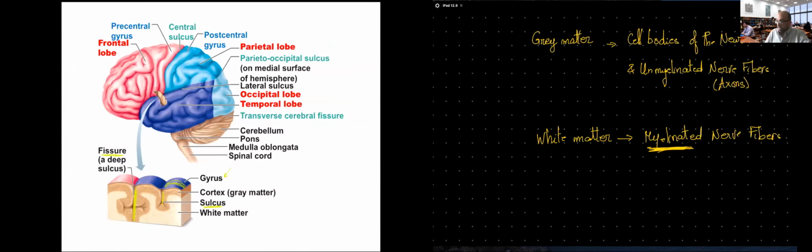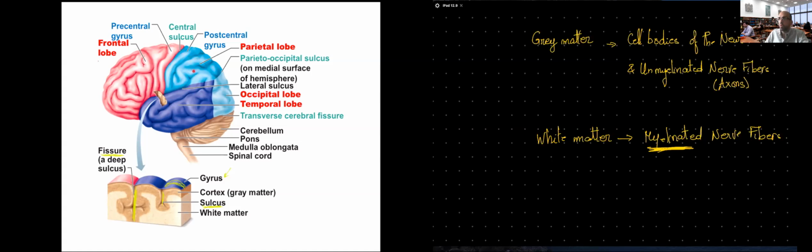We're also going to be dividing the cerebrum, both of the cerebral hemispheres, into lobes. We've got the frontal lobe, the part of the brain that corresponds to the frontal bone, and the part that is in contact with the parietal bone.